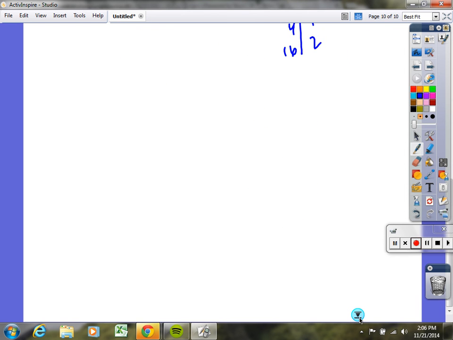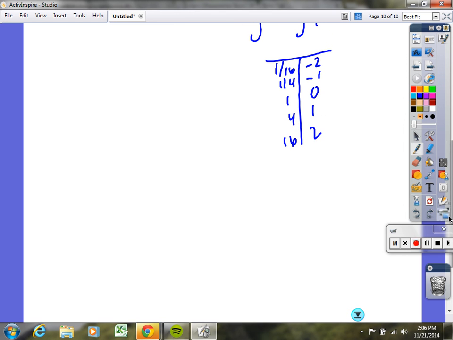It just rotates, it goes like this. So 1/16 is very close. Here's 1/16 at -2, 1/4 here at -1, 1 you're at 0, 4 you're at 1, 16 you're at 2. So it basically reflects over the line, over the origin.